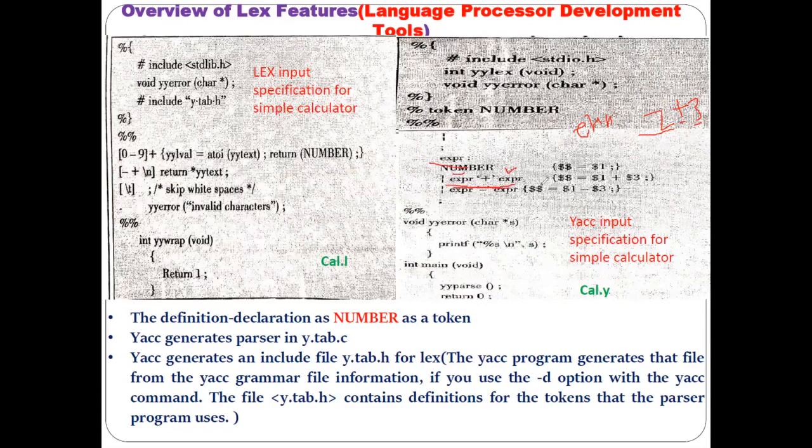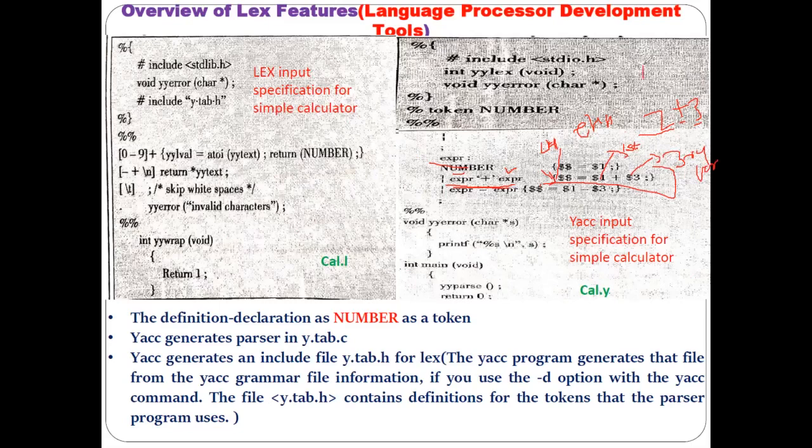If it is matching with these rules, this action will be performed. What is this action? Double dollar equal to $1 plus $3. Now what is the meaning of double dollar? The meaning of the double dollar is the left hand side of the expression. Keep in mind, this is very important. Double dollar, the left hand side, equal to $1, which is the first expression or first variable, plus $3, the third variable, and plus is considered the second variable as it is an operator. Understood?